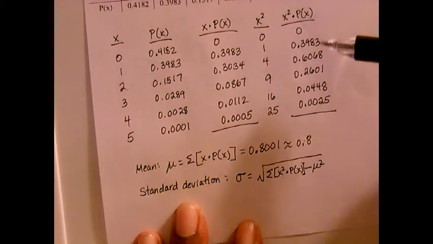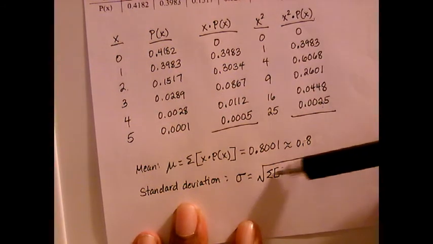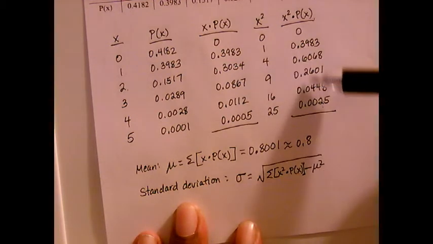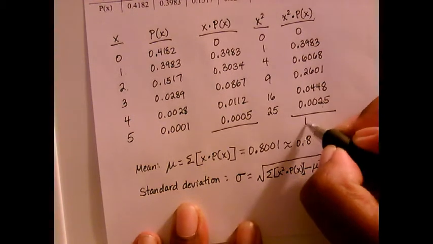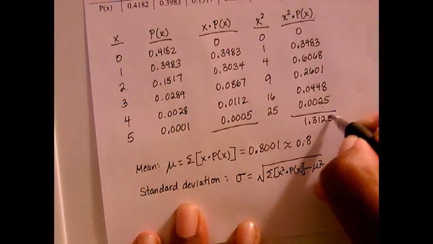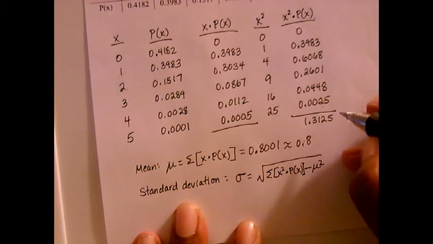And in this case, notice that I have the x squared times p of x column here. All I need to do is add these numbers up, and that would give me this part right here. So if I add these numbers up, I'm going to get 1.3125. That's what the summation of x squared times p of x is going to be.